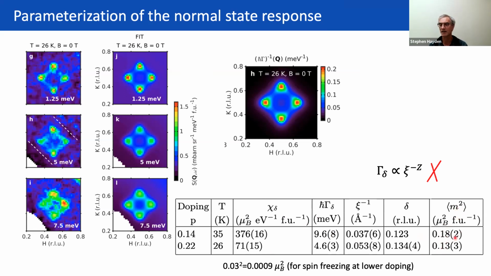A key point of this work is that this is hugely bigger than what Mark and Resurgent were looking at, the spin freezing. Those moments are about 0.03, and if you square that, you get 0.0009. So this scattering is orders of magnitude bigger than the freezing that is seen.